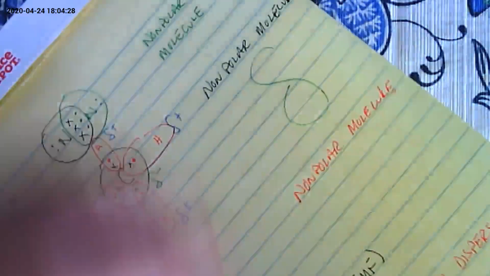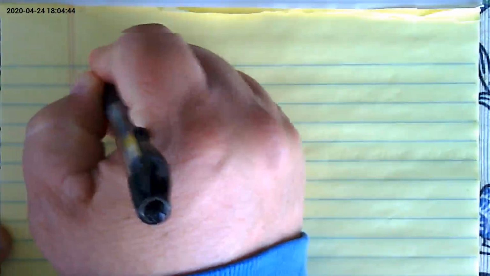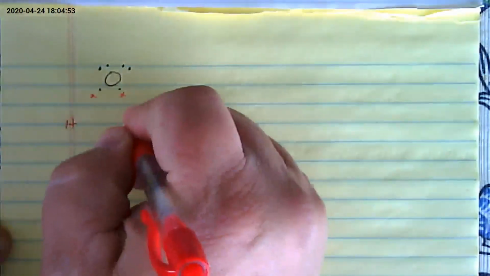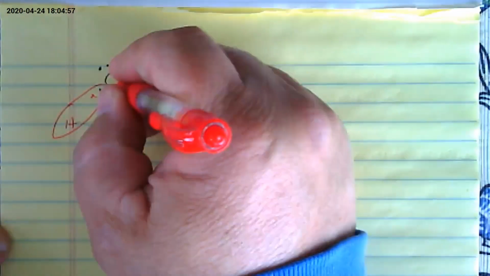Okay? Now, what if the molecule is polar? In other words, what if it's not symmetrical? The best example is water. As we talked about, water looks like this. Here's hydrogen.